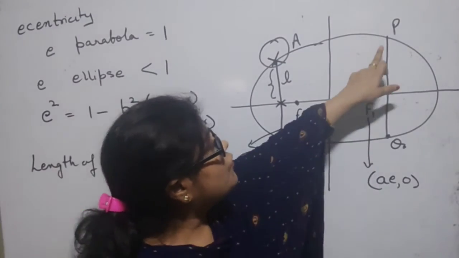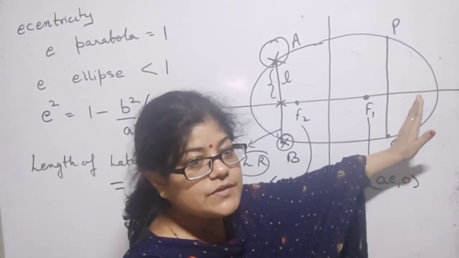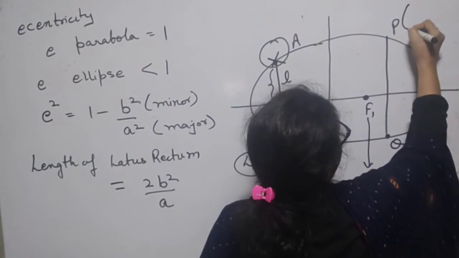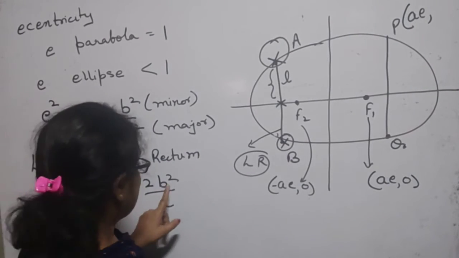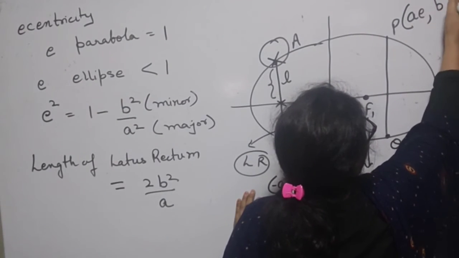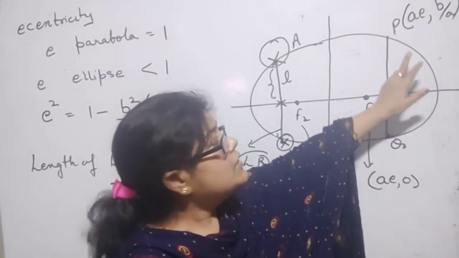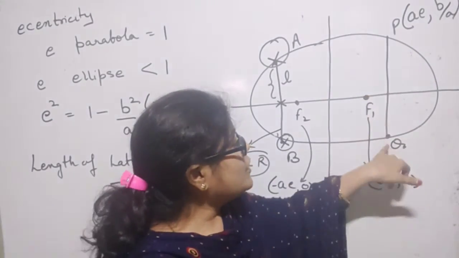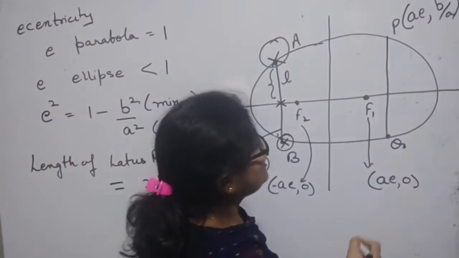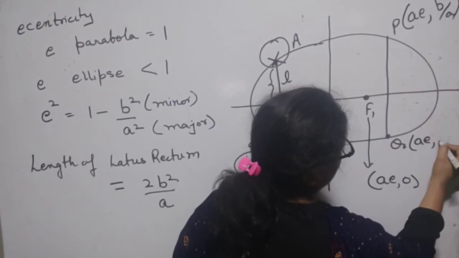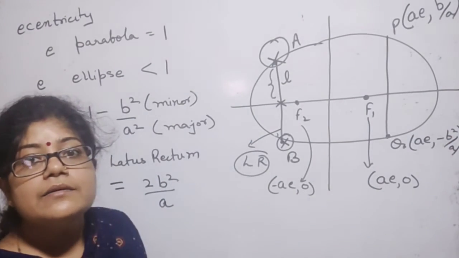Now, what are the coordinates of the latus rectum? For the coordinates of P and Q, these are on the positive side. So we have (ae, b squared by a), on the positive side, right hand side. So both are positive. But for this one, b squared by a is on the negative side, so we write (ae, -b squared by a). Clear?